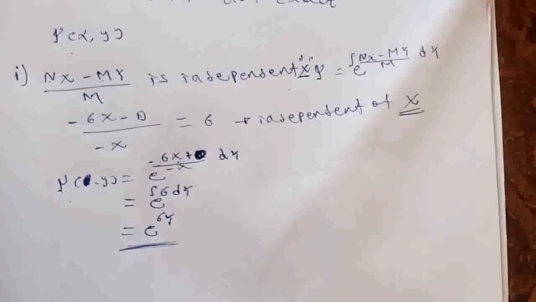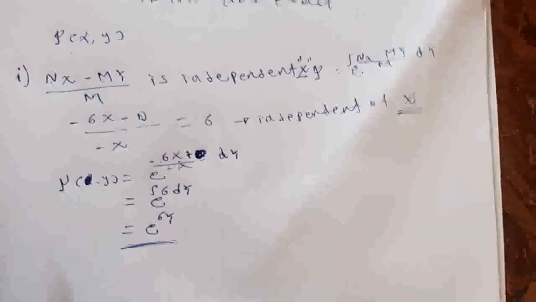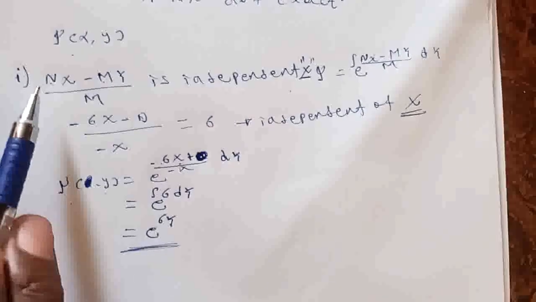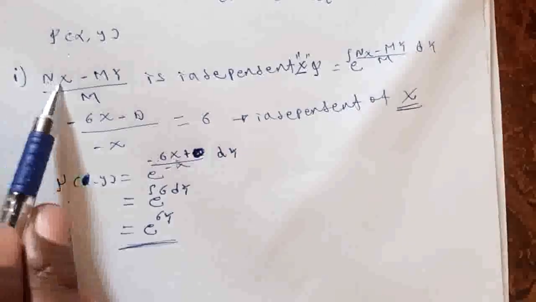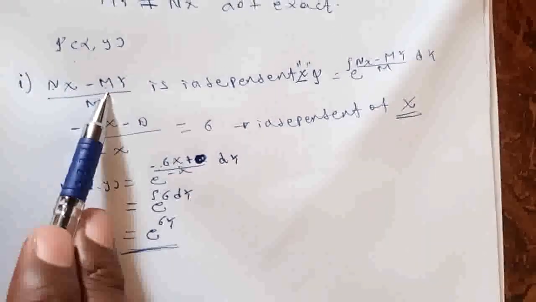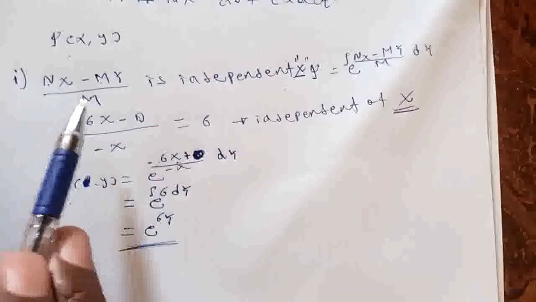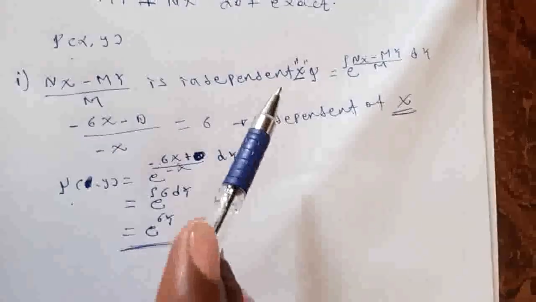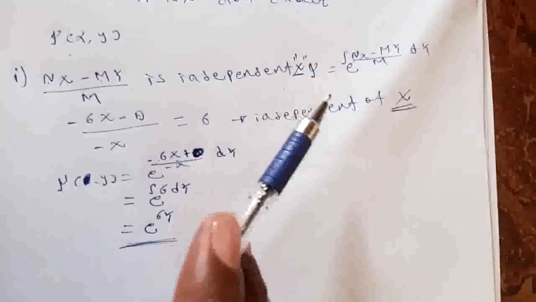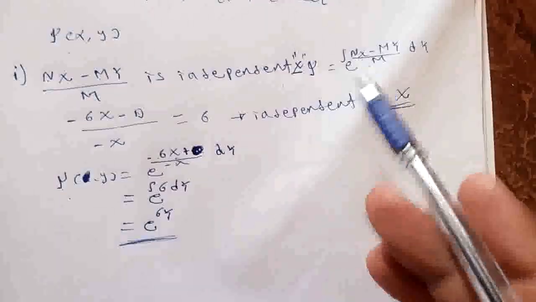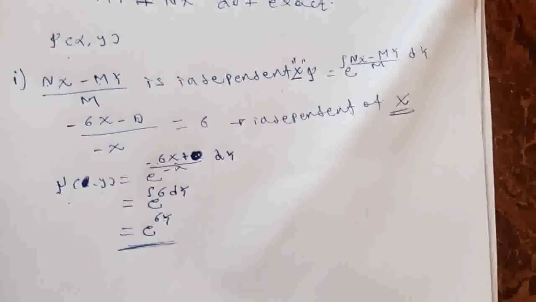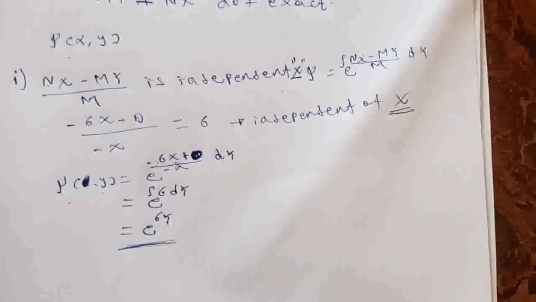Actually, before that, now we have Roman number 2, where the partial derivative of M with respect to y minus N sub y over N is free of y. Again, we have an integrating factor mu, which is equal to e to the power of the integral of M sub y minus N sub x over N dx.